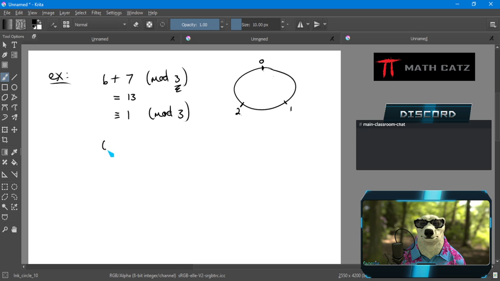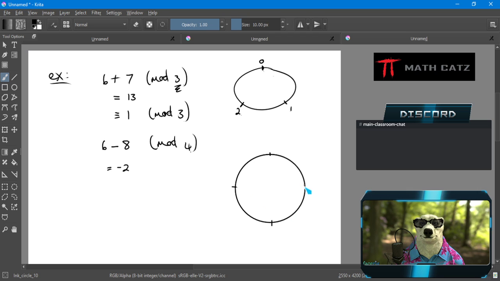We can do a subtraction. Let's say 6 minus 8, and I want to work mod 4. I can still think of that as negative 2. What does negative 2 mean? Oof, that is an ugly circle. It depends on the circle, right?